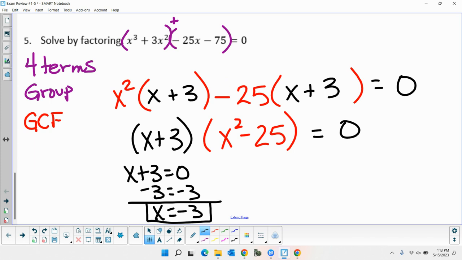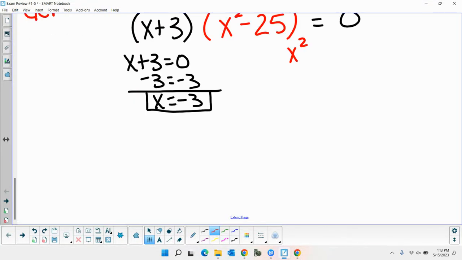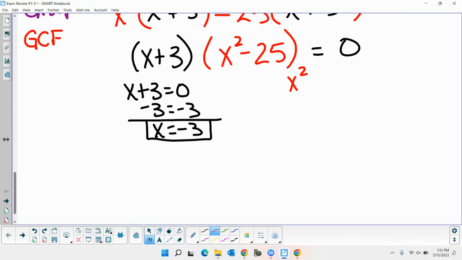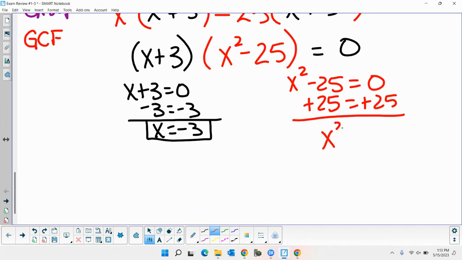Now, here's another way you can do it. You can factor that x plus 5 and x minus 5 and set it, get positive and negative 5. That's fine. Or you can do it this way, which we learned. We just haven't done one like this for a while. I wanted to remind you, you could do this if you desire to. Just add 25 to both sides. And then what?